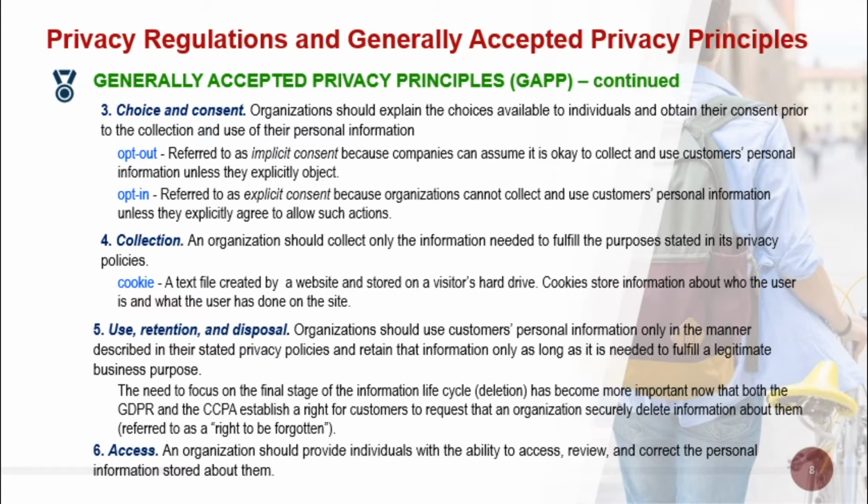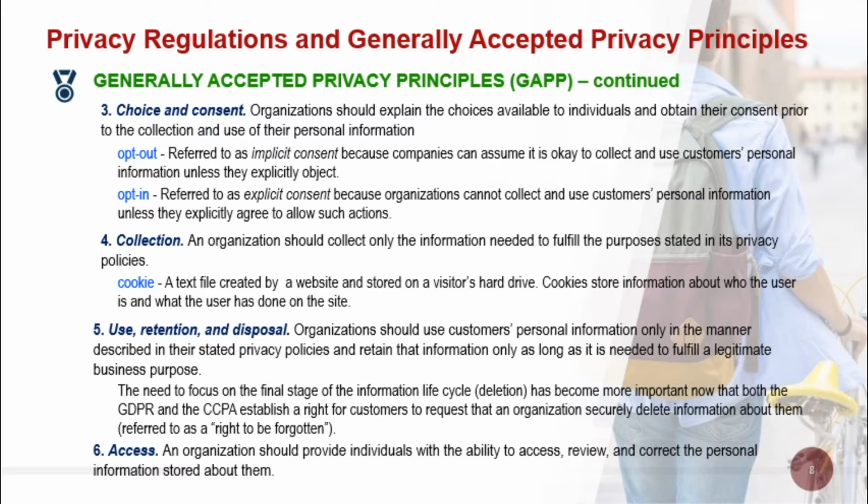And then third is choice and consent. The organization should explain the choices available to individuals, such as when we open a website for the first time, there is a cookie notice that we must click, and sometimes there is a button to set what kind of cookies you want to accept.